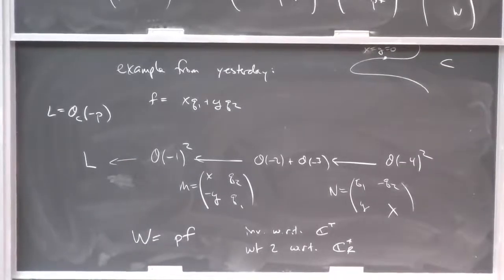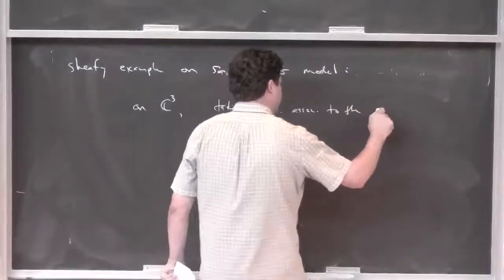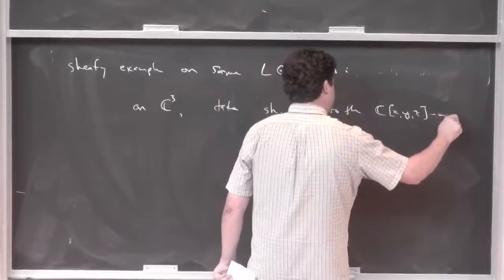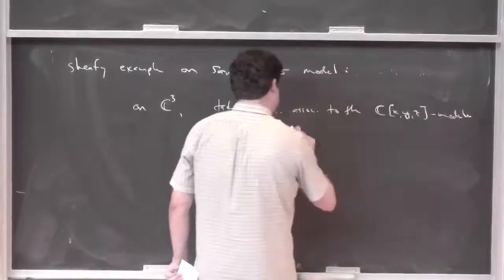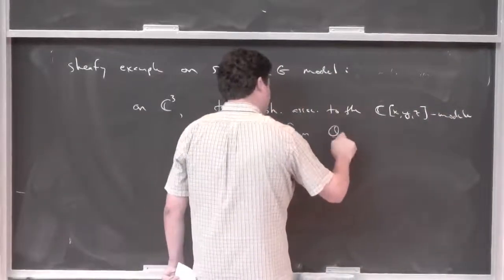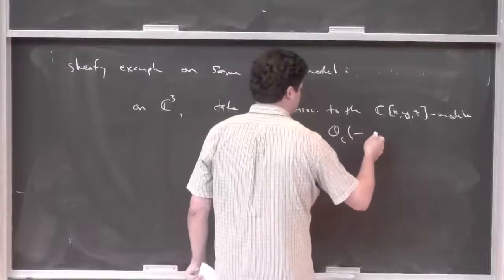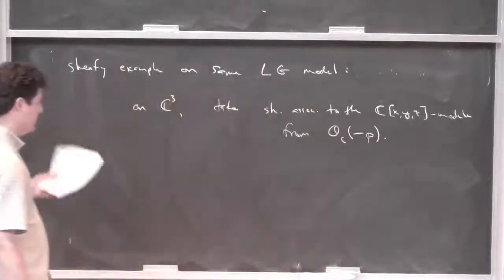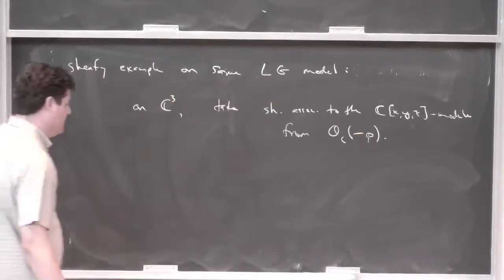Take the sheaf associated to the C[x,y,z] module from O_C(-P).